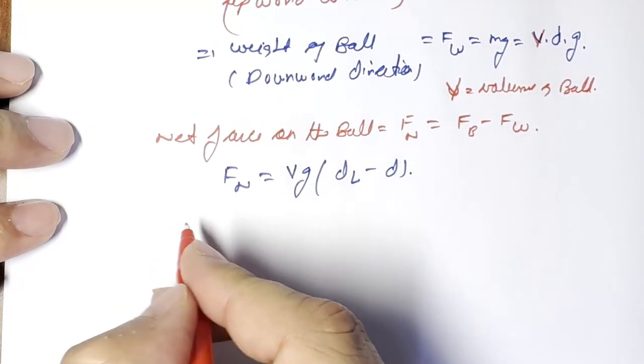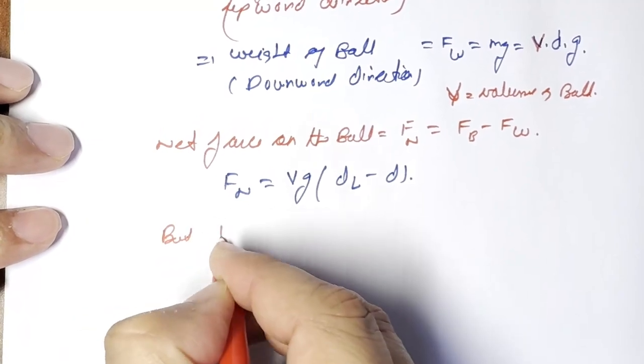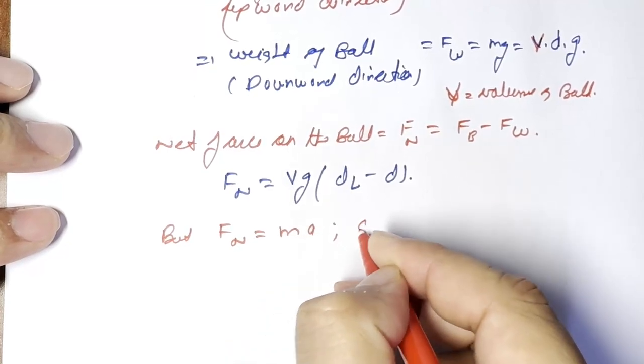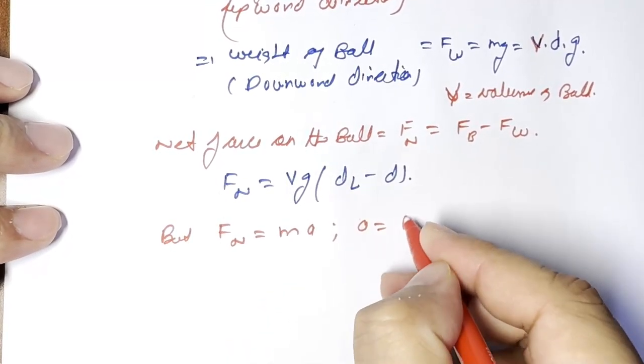So Fn is equal to mass multiplied by a, where a is our retardation.